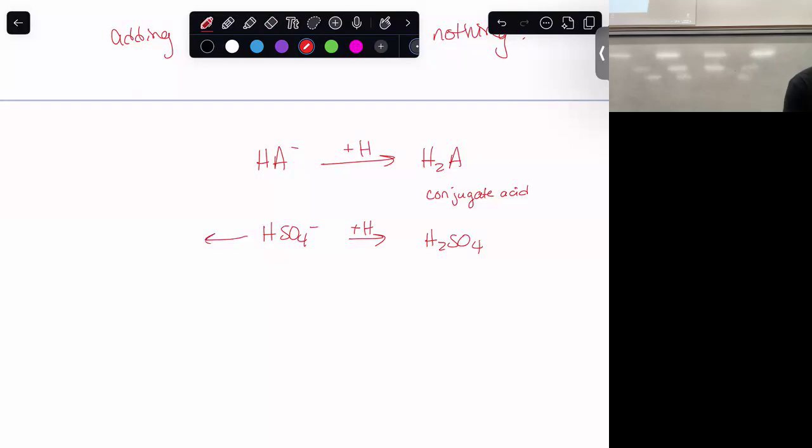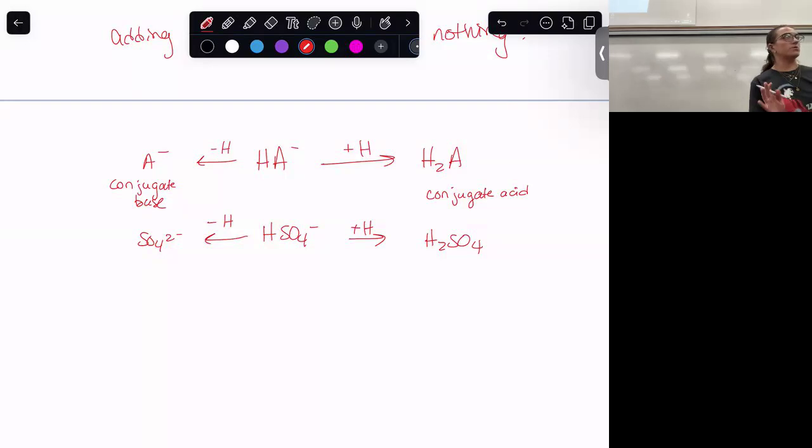But if you subtracted an H, this becomes A minus. This is going to be your conjugate base, and this would be SO4 2 minus. So you can go either way. Plus an H or minus an H is going to be the big thing here.